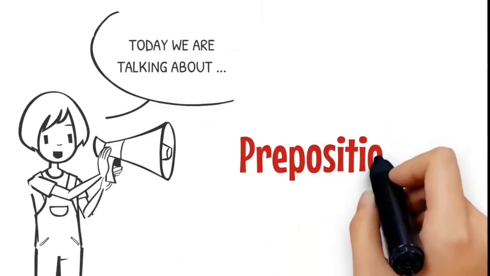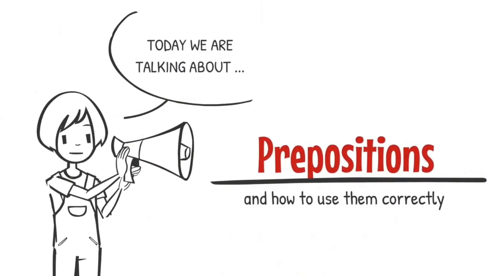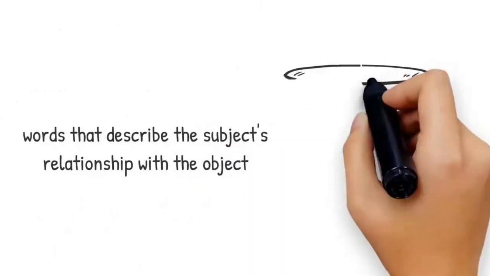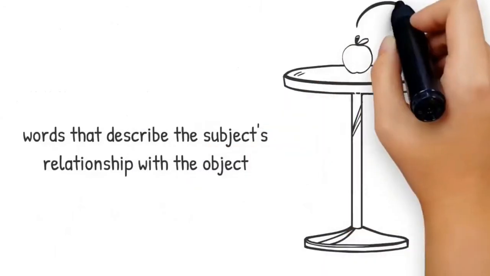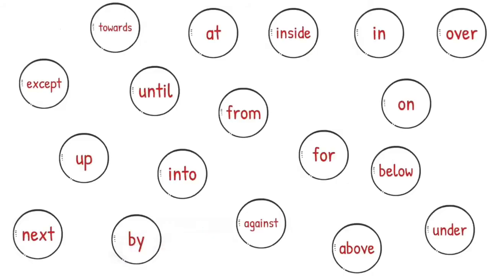In this video, we are going to learn about prepositions. Prepositions are words that describe the subject's relationship with the object. In this case, the apple is the subject and the table is the object. There are many words that can be used in all three types of prepositions.